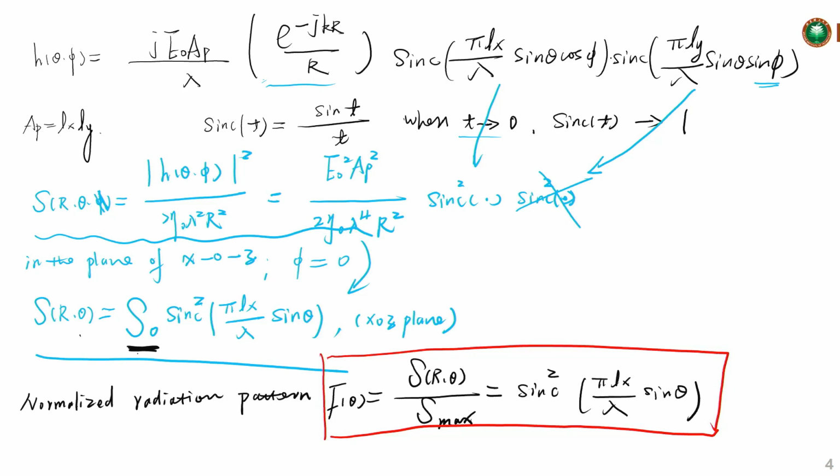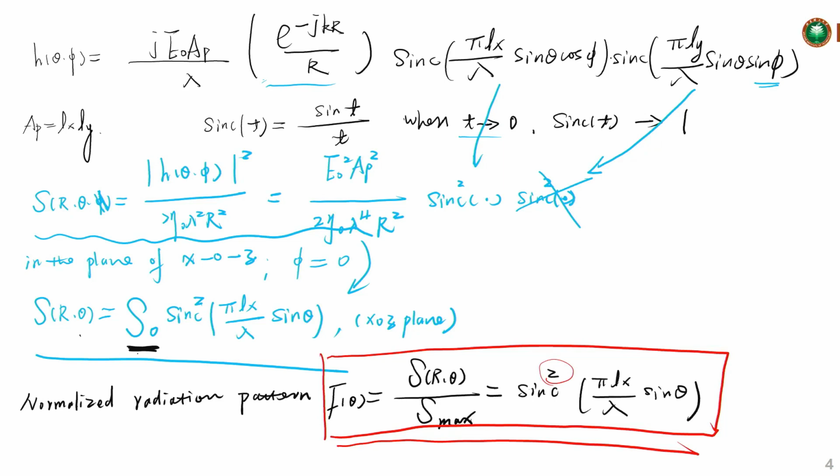So here you can see that it's better if we can use the square of the sinc function to represent a general radiation pattern by a whole antenna. So this is the expression here. Based on this form, we can plot the radiation pattern or the normalized radiation pattern.